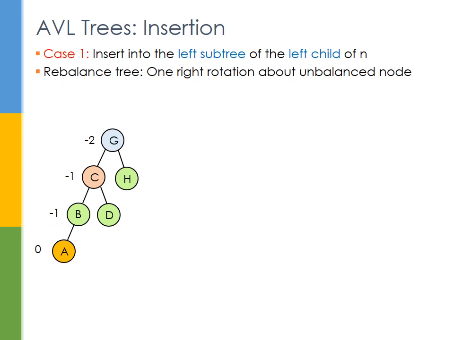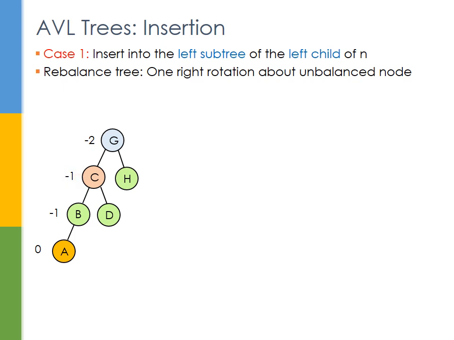So now we move up to node C. Again, that had an initial balance factor of 0 because both the left and right subtrees had a height of 1, and we know that the insertion has occurred on the left branch, which means we once again have to subtract 1 from the balance factor, giving us a value of -1.